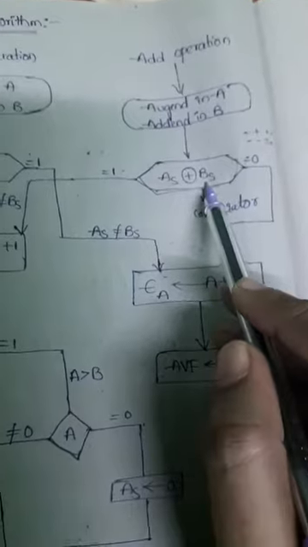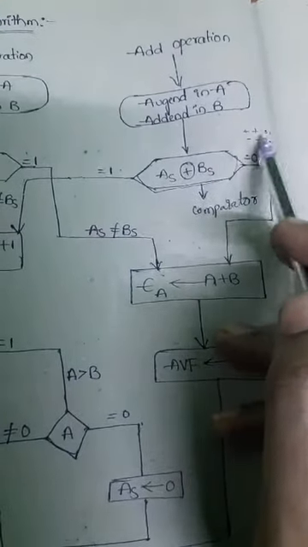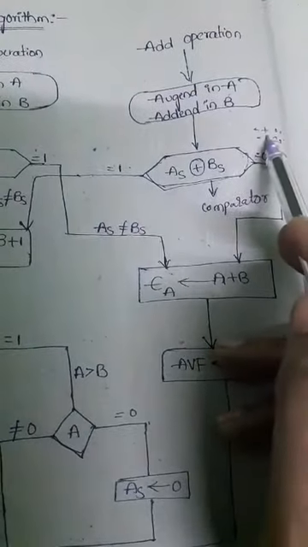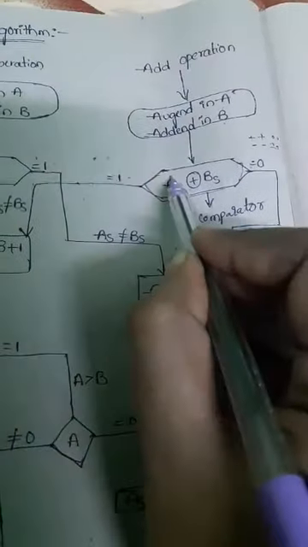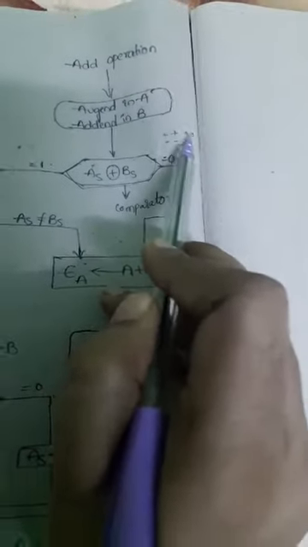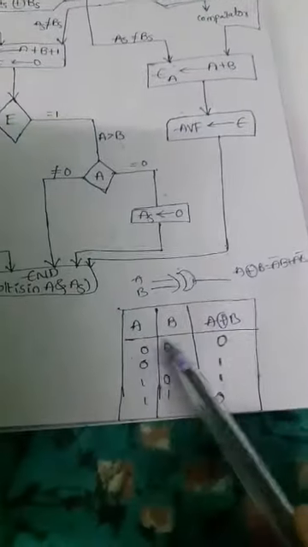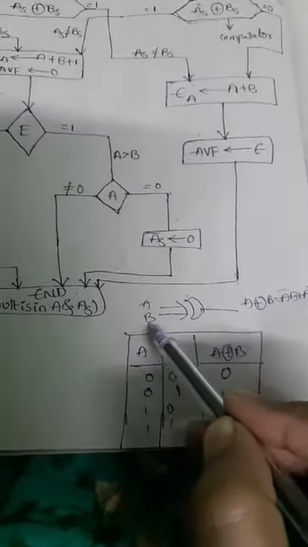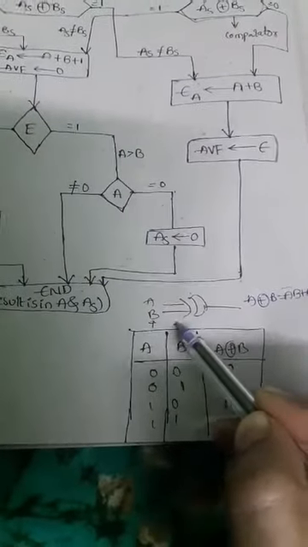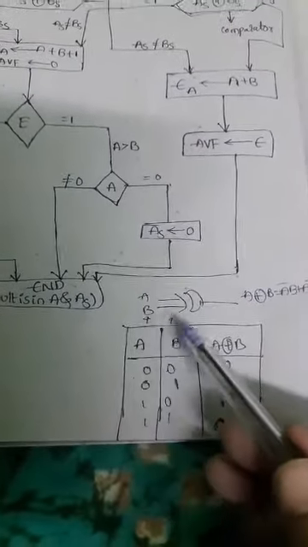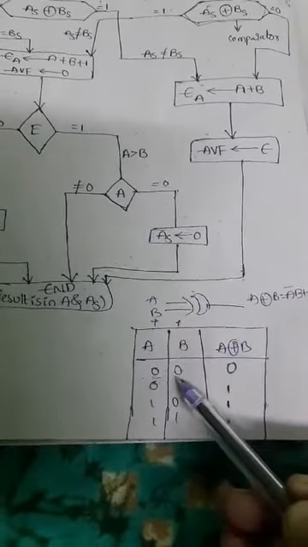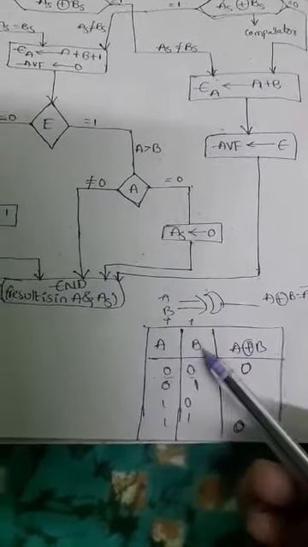Here we are taking the exclusive OR operation between AS and BS, right? Suppose the signs of both inputs are positive, plus plus. A is positive and B is positive, and positive is shown in binary by 0. So A will be 0 and B will be 0.